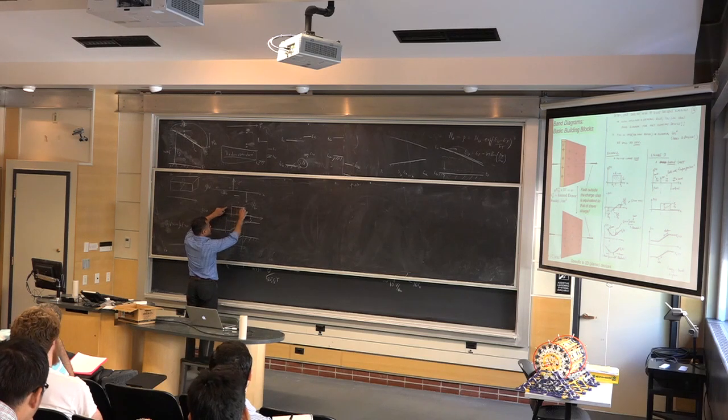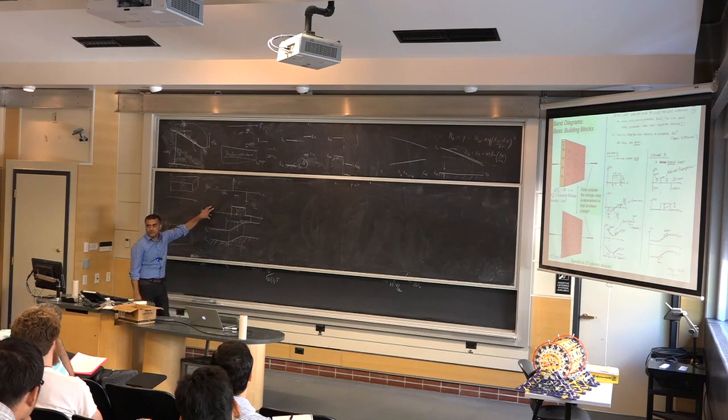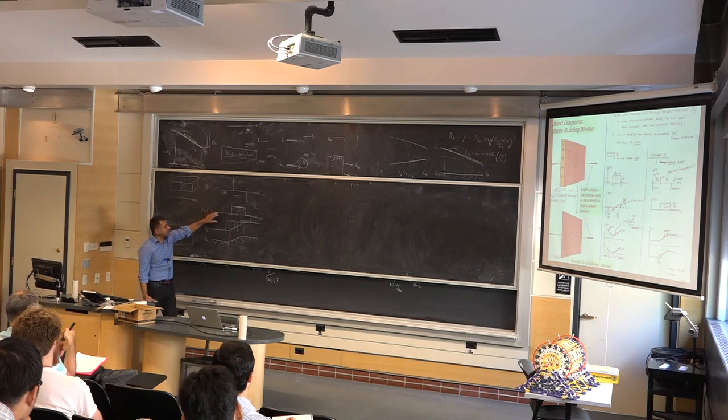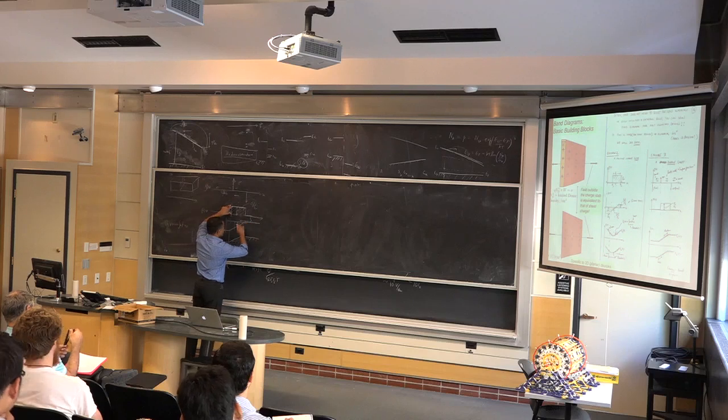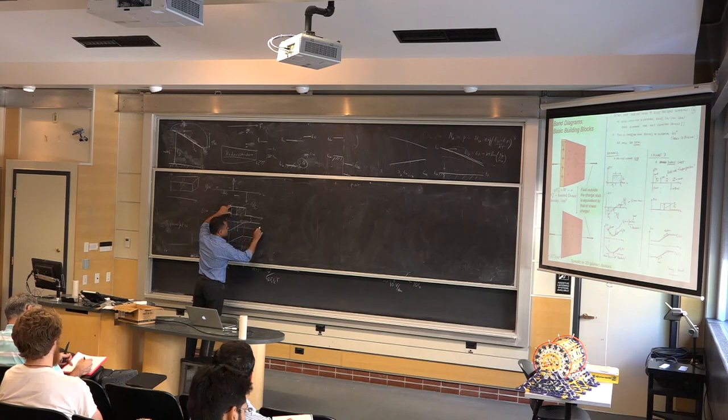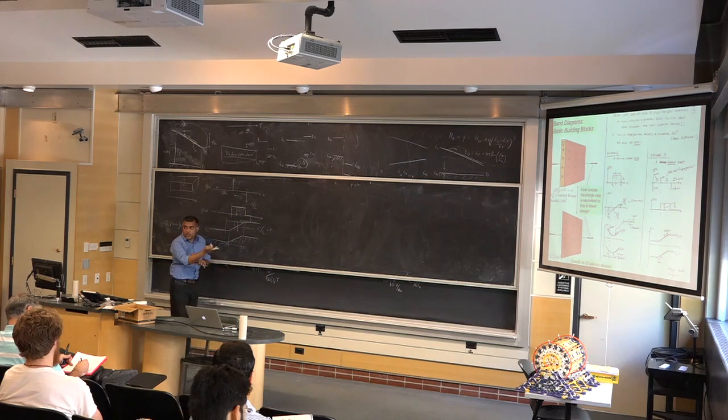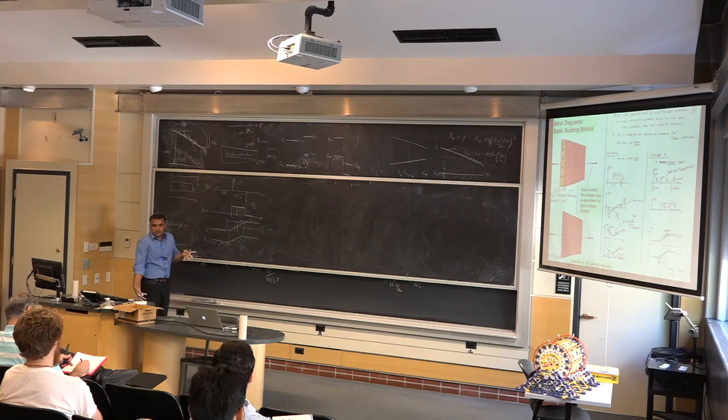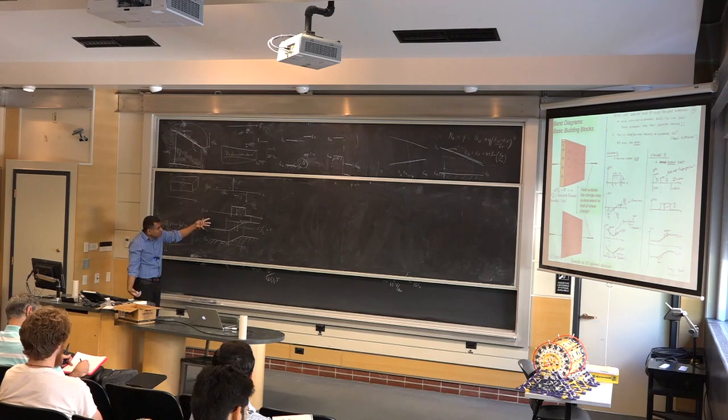Because the field is constant, the potential is the area, the integral of the field. Right? So the area under the curve is the potential. Barrier height, what is it? The barrier height is just sigma over epsilon times the thickness of this dipole. Right? That's the barrier height. It's nothing more complicated than that. This is it really.